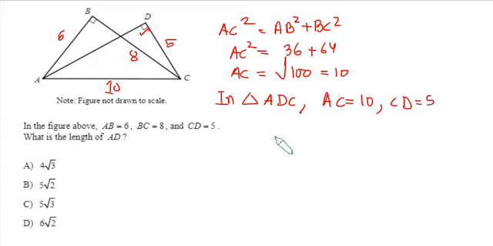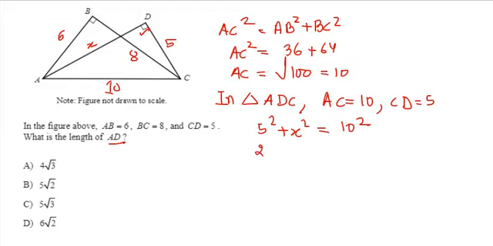From there we can find out AD, which we are required to find in the question. If we assume AD as x, we can write 5 squared plus x squared is equal to 10 squared.